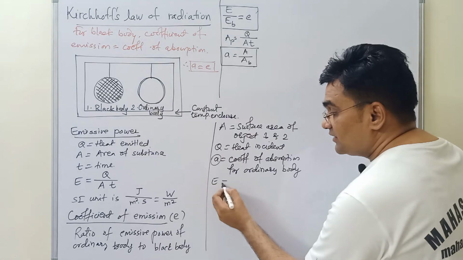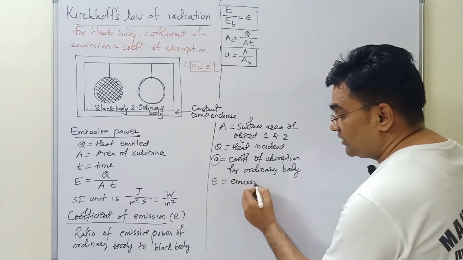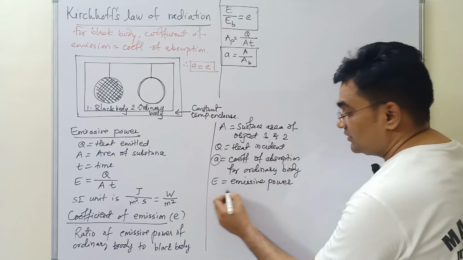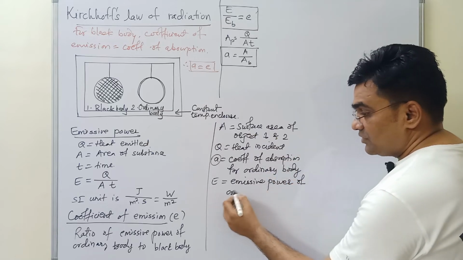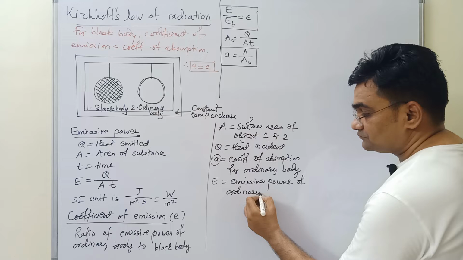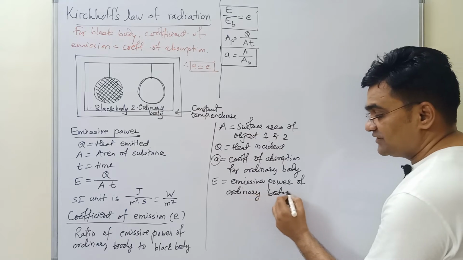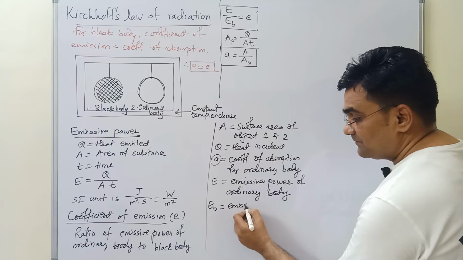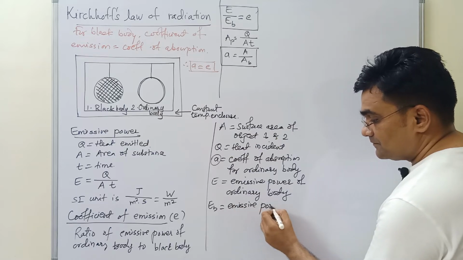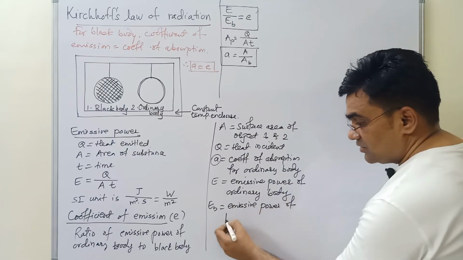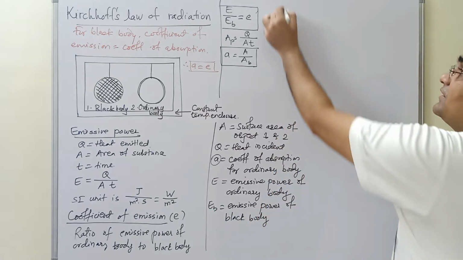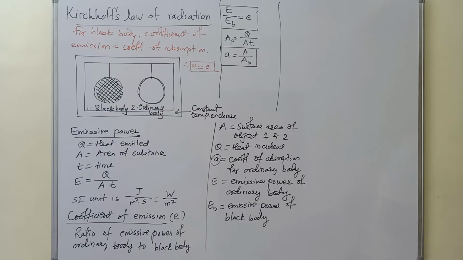Say E is the emissive power of that ordinary body, and finally say EB is the emissive power of the black body. These things I have written already, so now we just need to go through basic terms. We are already well familiar with that.